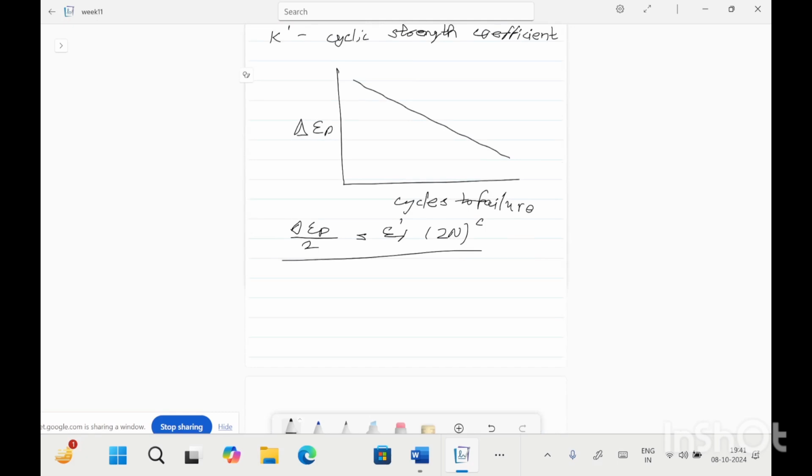This equation is known as the Coffin-Manson equation for low cycle fatigue, the Coffin-Manson relation.